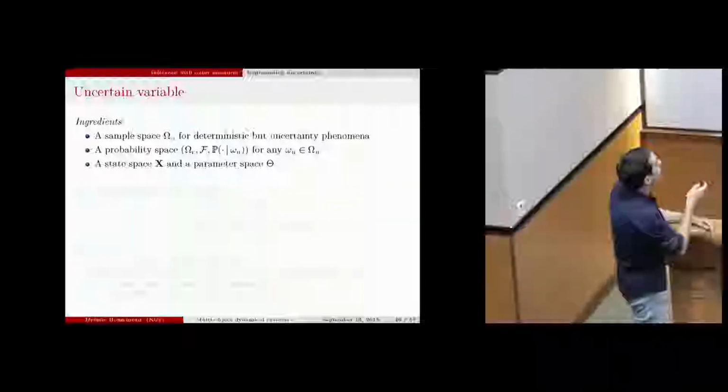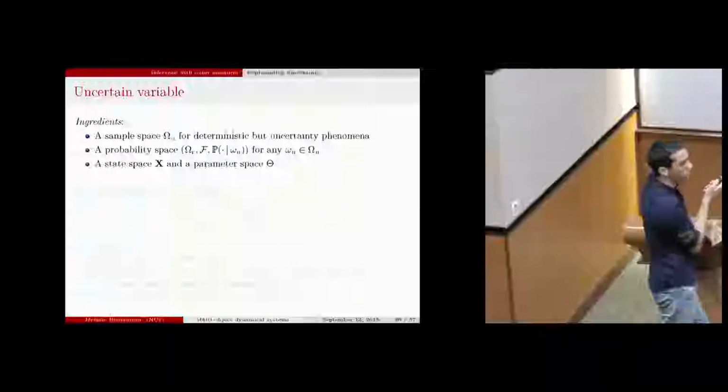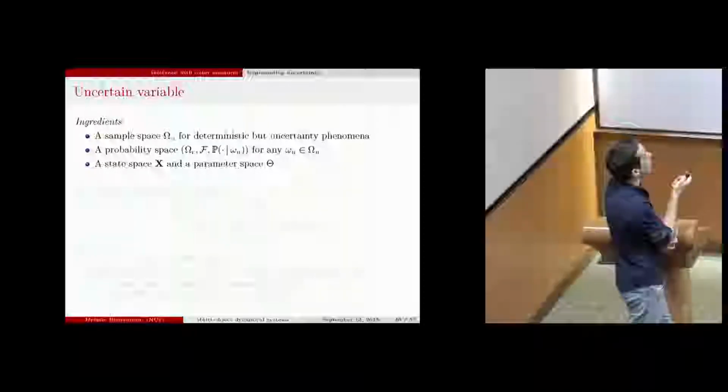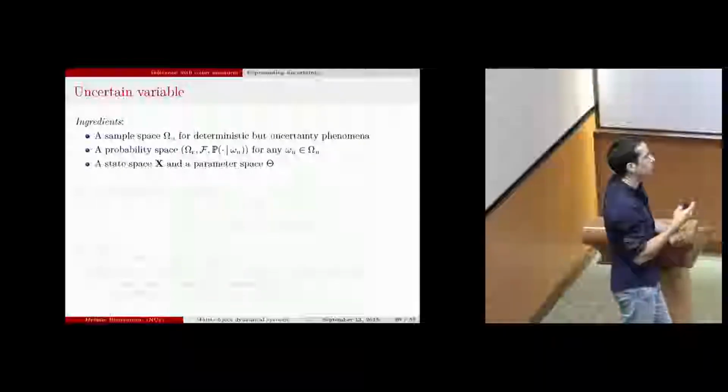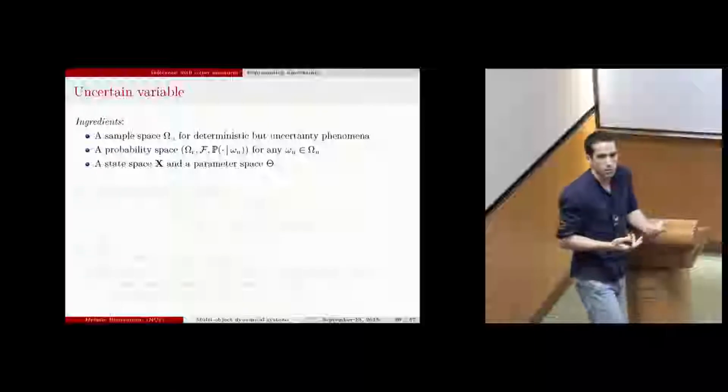To get the constructions from before, we can add to this a proper probability space that depends on the omega u in big omega u, because some of the random phenomena may depend on things that I don't know.